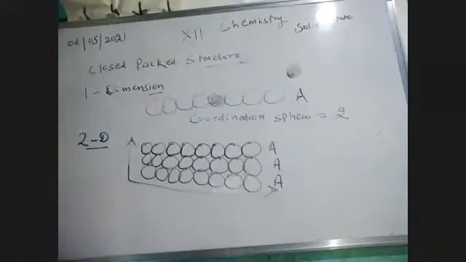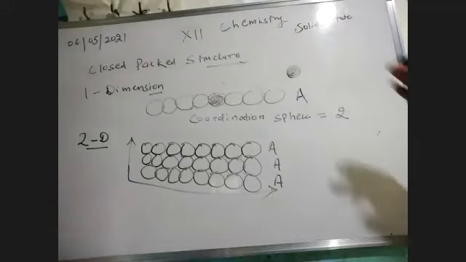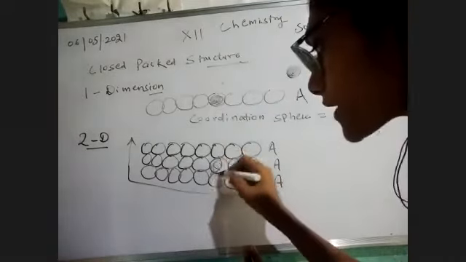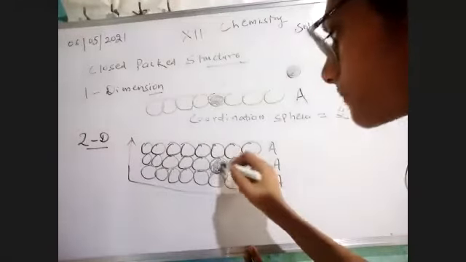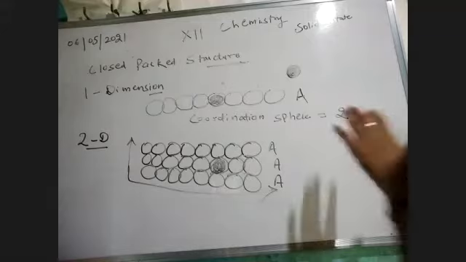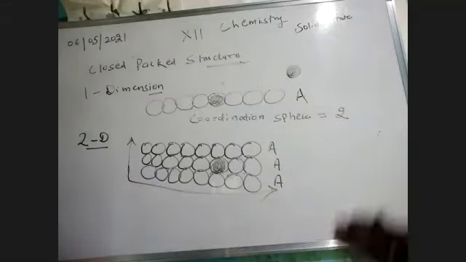Now, when I have assumed that I have made a stack, or we can say a complete series in two dimensions with the help of one dimension, what's happening over there? Let's assume this particular radius, this particular atom, and we have to calculate our coordination number, that is the number of neighboring atoms present over there.